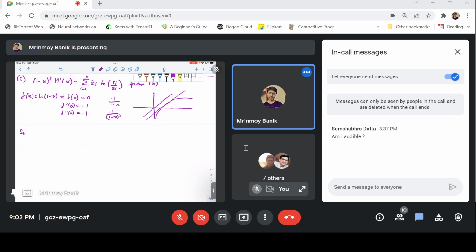So we have Taylor's expansion: zero times x plus f dash 0 times x by 1 factorial plus so on, which is minus x, minus x squared by 2 factorial, minus x cubed by 3 factorial, and so on.